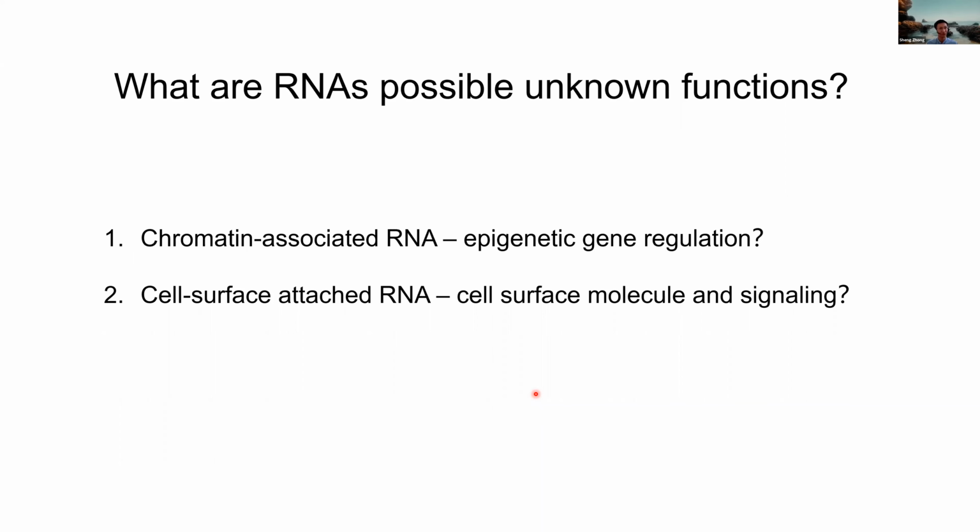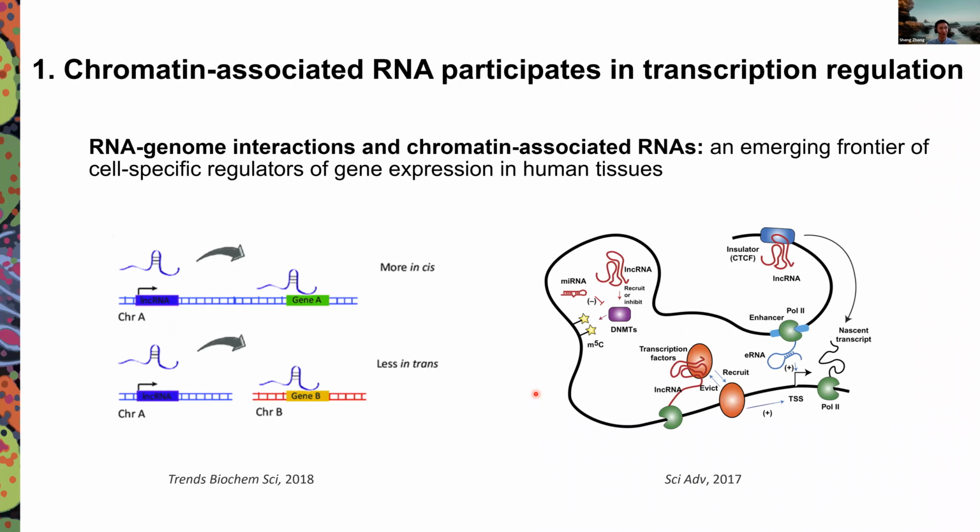The other type of RNA is stably attached to the cell surface, and I hope to use the second half of this seminar to discuss whether they represent a type of cell surface molecule and perhaps be responsible for signaling.